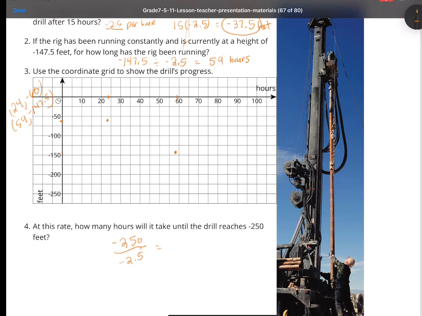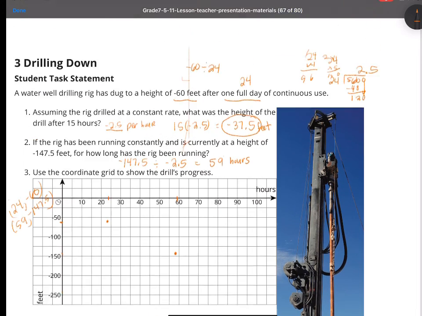And when I divide those two numbers, not 10, I was about to say you should get 10. When I divide those two numbers, I should get 100. Let me make sure, I'm just trying to double check my answers. Because even though it seems simple, yep, it should be 100. And the reason why it's a positive 100 is because both the signs are the same.